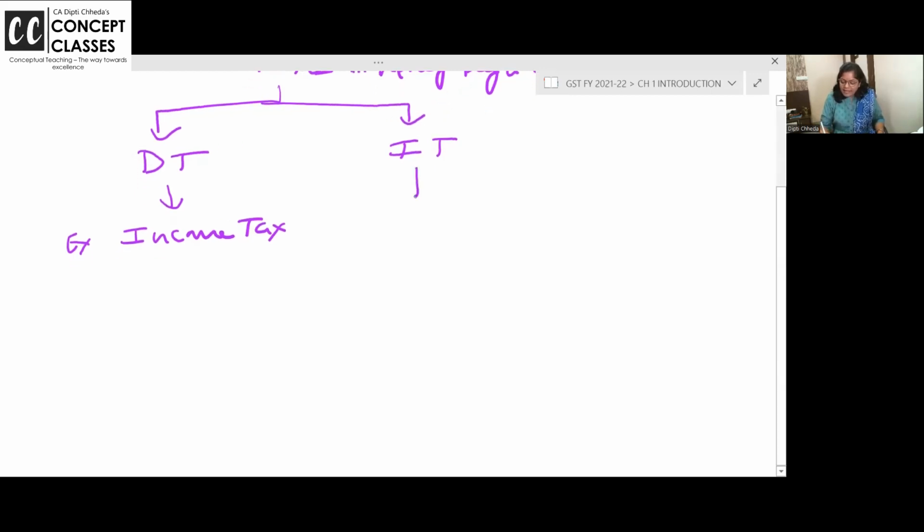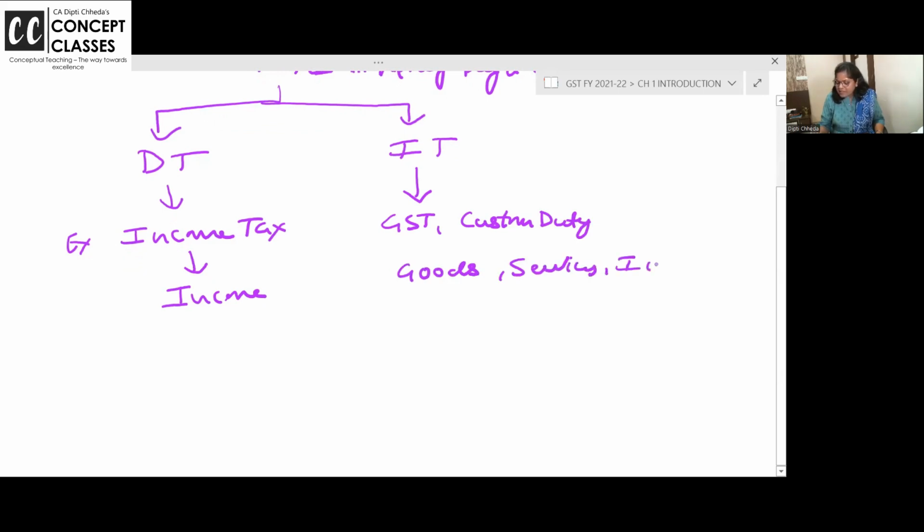Indirect taxes. Direct tax is charged in the form of income tax on income. Indirect taxes are GST, custom duty, and they are charged on what? On goods and services. Custom duty is charged on import and export.